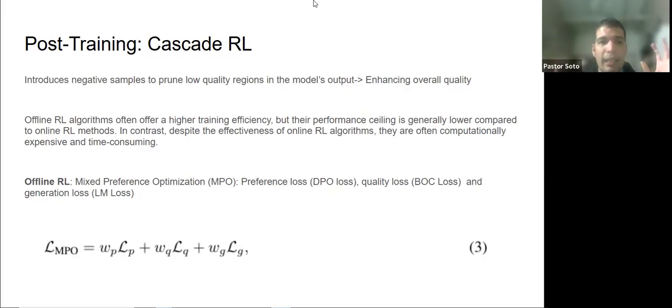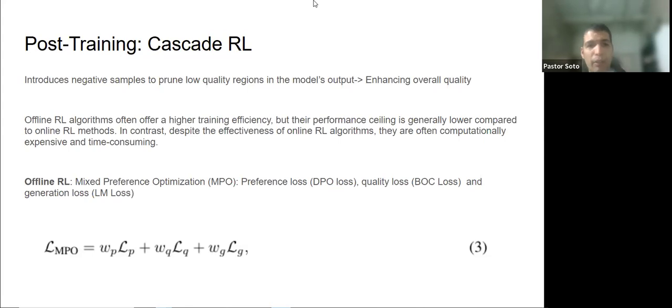What this reinforcement learning does is introduce negative samples to prune low quality regions, something that the model is bad at or gives bad responses on. The advantage of reinforcement learning is that it also shows you negative samples, whereas supervised fine-tuning only shows you good examples. Reinforcement learning also shows you bad examples, and that enhances the overall quality of the model.